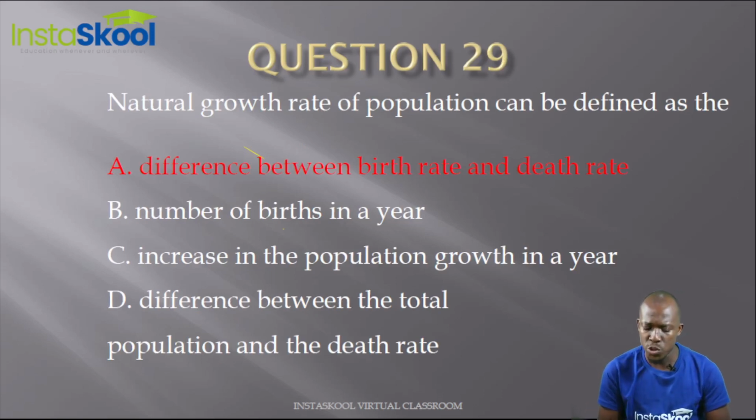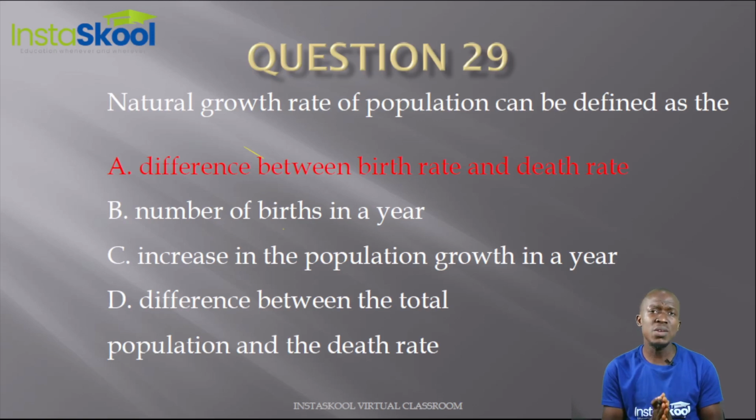The difference between birth rate and death rates, or the number of births in a year, or the increase in the population growth in a year, or the difference between the total population and death rates. Now, the natural growth rate is the growth rate of a country by natural causes.